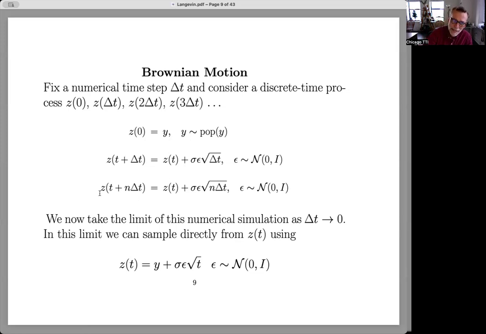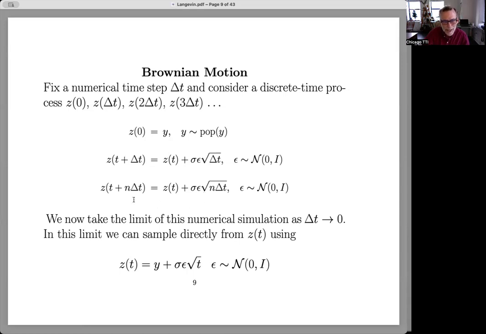Now, the fact that I can step ahead means if I take z of t plus n times delta t, I can just put the square root of n into this formula. And now we can take the limit of this numerical simulation as delta t goes to 0. How does this work?